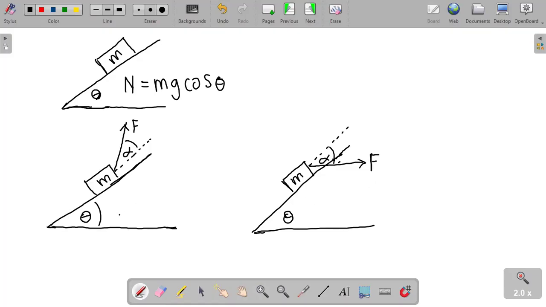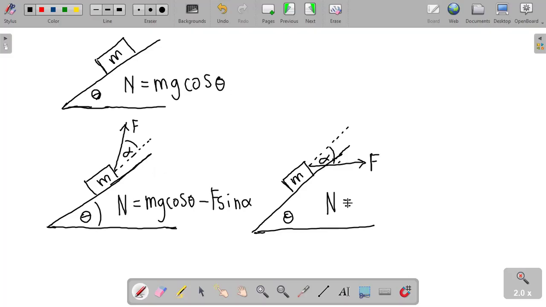So the normal force in each of these cases is not the same. The normal force in this case is still mg cos theta, but then we have to say minus F sine alpha.